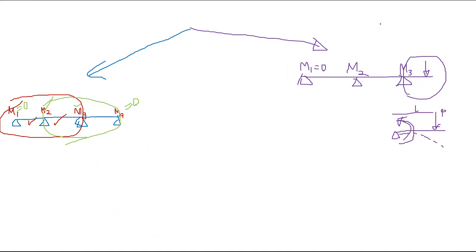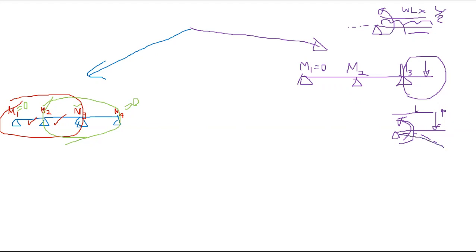If it is a UDL, W, let's say the length is L, so the total load is WL, multiplied by the lever arm, which is L by 2. WL squared over 2. That is M3. That's hogging.